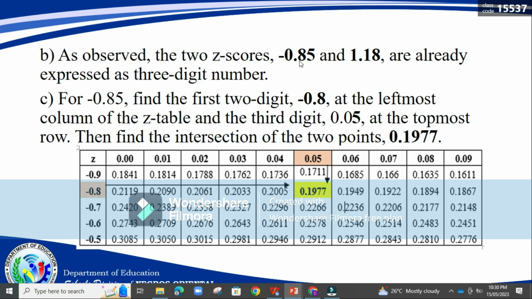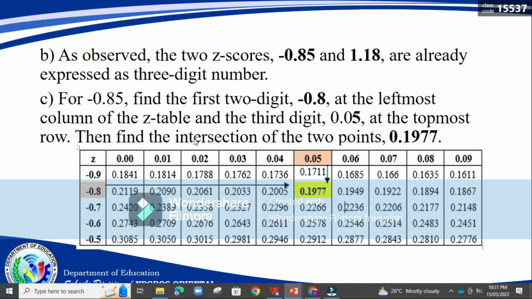Then to make it negative 0.85, you just add 0.05 going down. So the area for a Z score of negative 0.85 is 0.1977. So you were able to get it already.